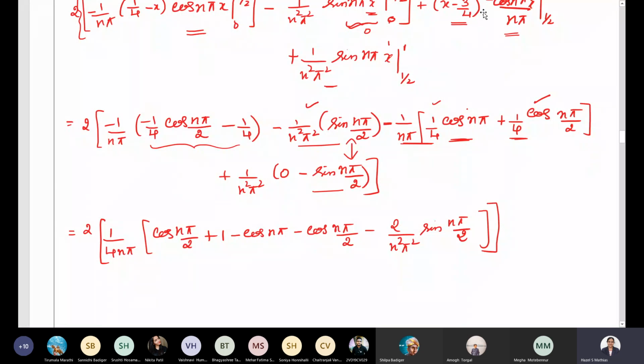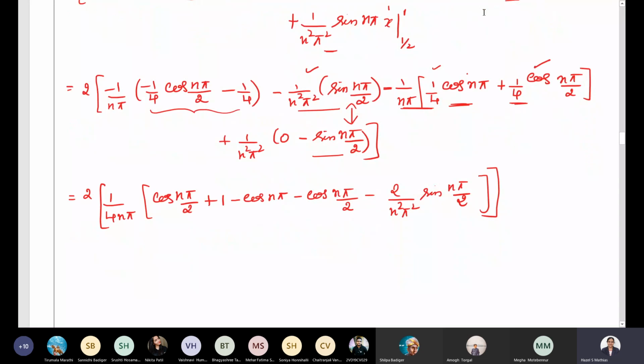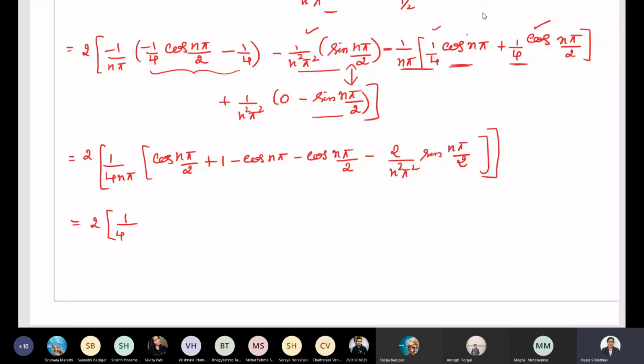Now let's simplify this and write, this can be written as 2 into 1 by 4n pi into, now tell me what are the terms which remain. Here this term and this term get cancelled. What is remaining? 1 minus cos n pi is remaining, minus 2 divided by n square pi square sin n pi by 2 is remaining.